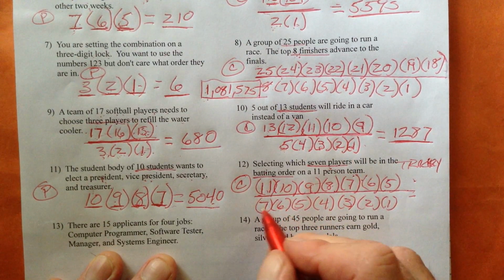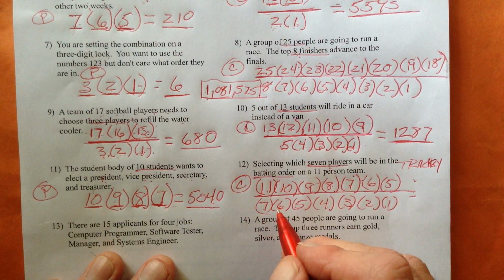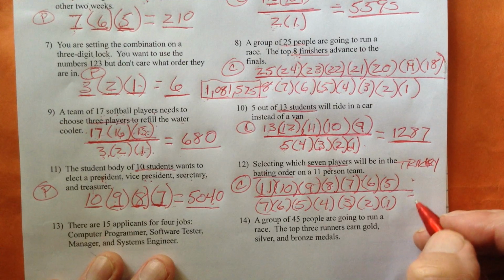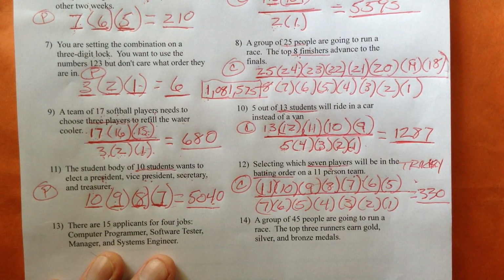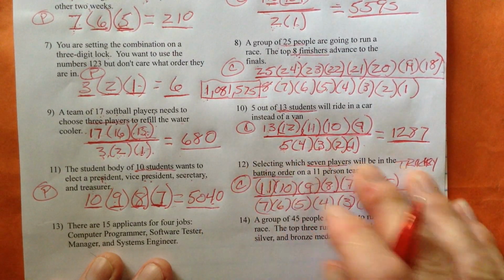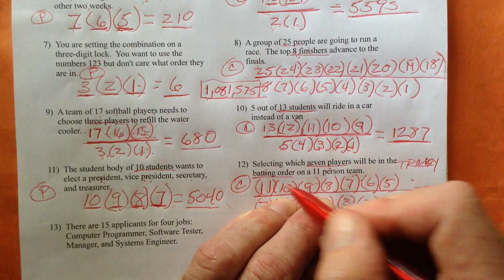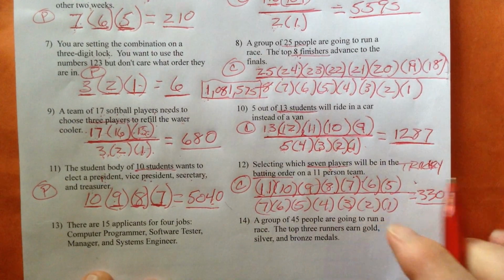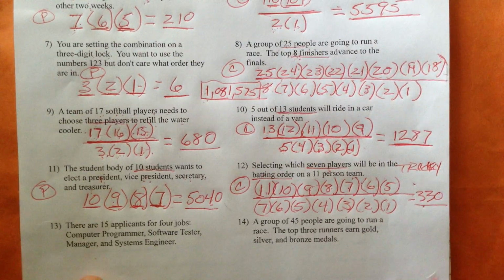Then you look at the number of selections, 7, and do the countdown, multiplying them, and you should end up with 330 possible combinations for that one. So if you thought this was a permutation, you should have got the answer by just multiplying this top part. But if you take that answer and divide it by this, you should end up at 330.